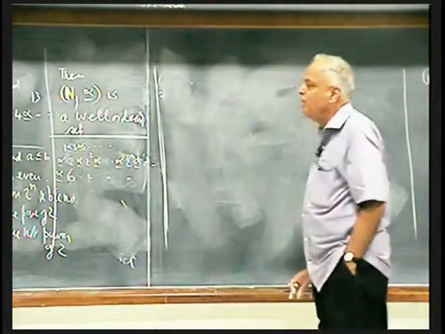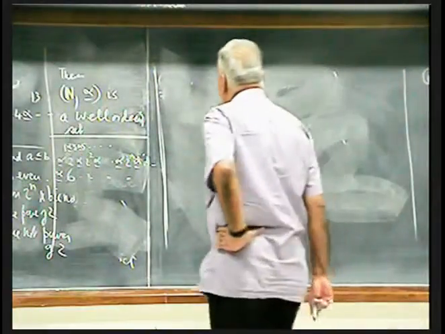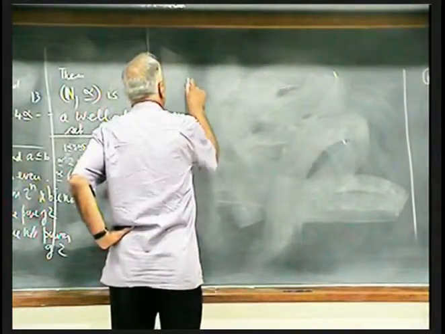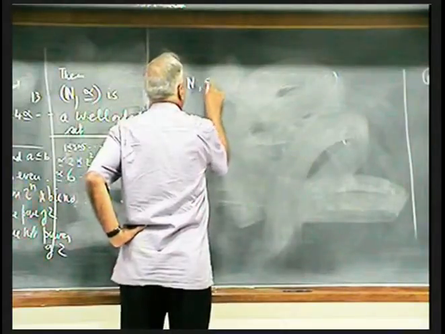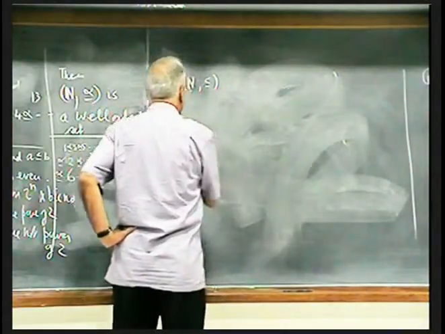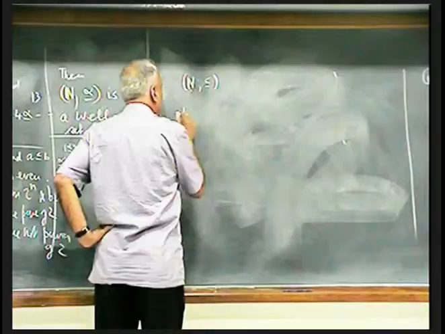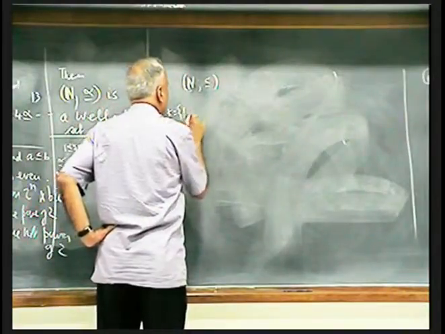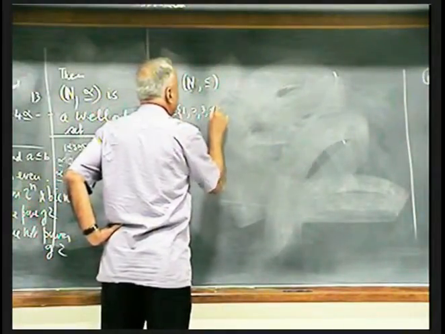Let us take the first one, which is the easiest to understand. Everybody is so familiar with it, we take it for granted. 1, 2, 3, that ordering. Now in that, suppose I have this N, and I take for example a subset K = {1, 2, 3, 4}.